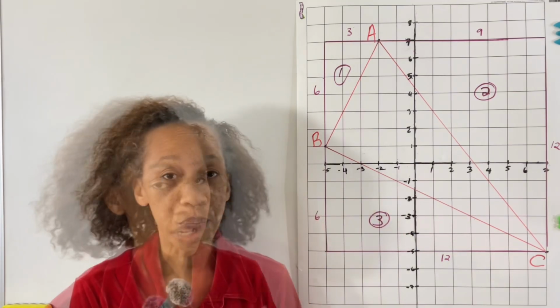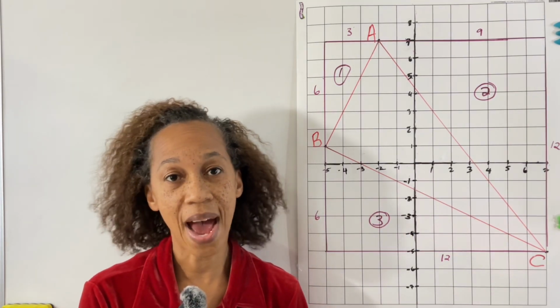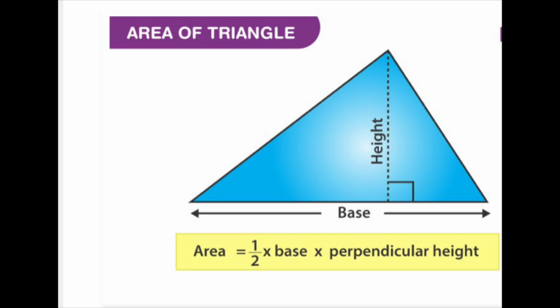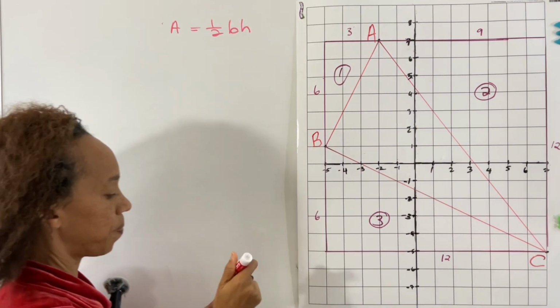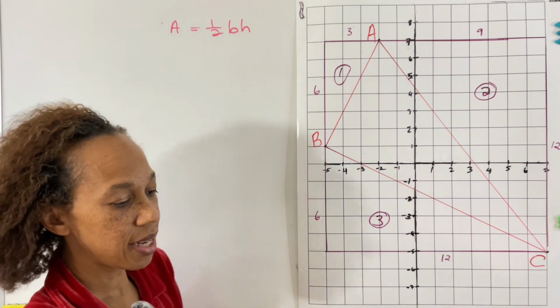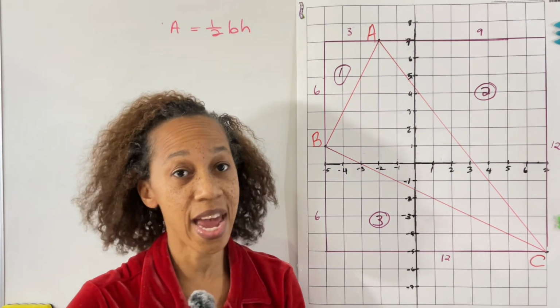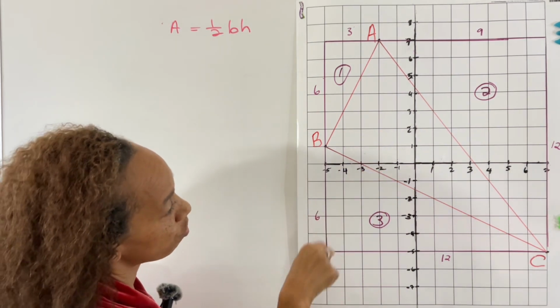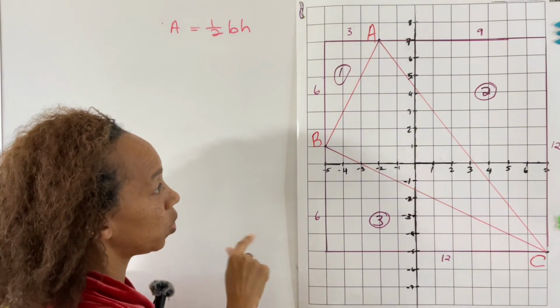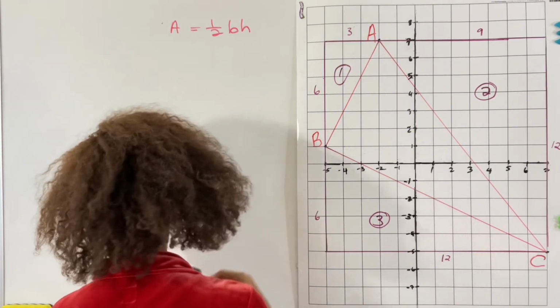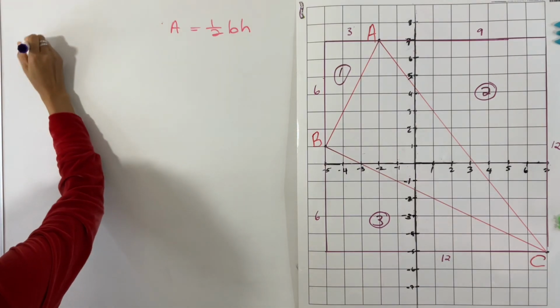From this enclosure, you can now find the area of each of the 3 triangles that are around the main triangle. From prior knowledge, we should recall that the area of a triangle is equal to half base times height. So what we're going to do next is find the area of each of these 3 triangles that are enclosing the main triangle. So let's first start with the area of triangle 1.